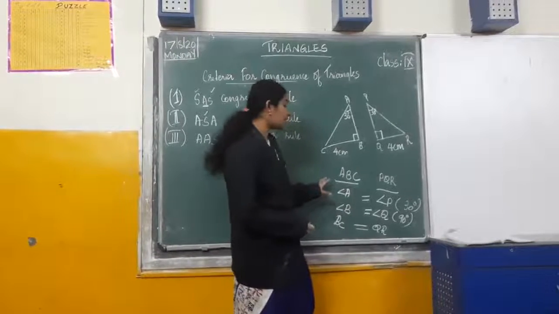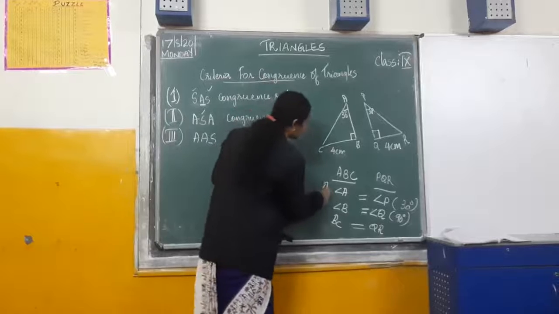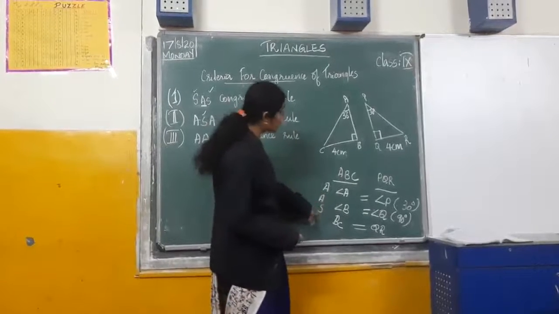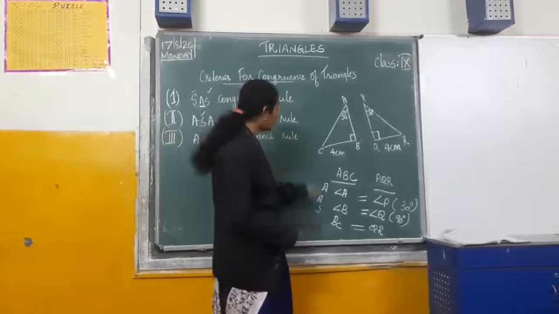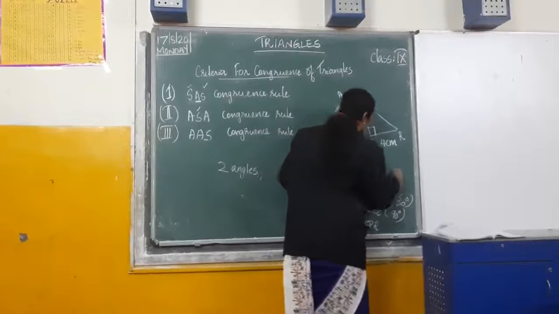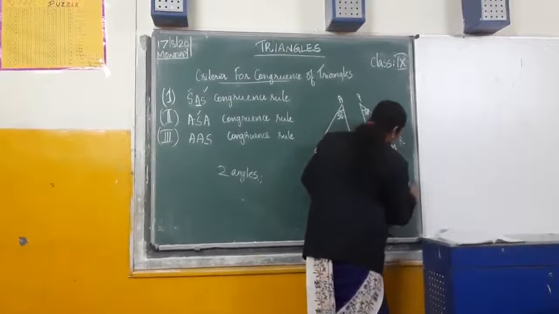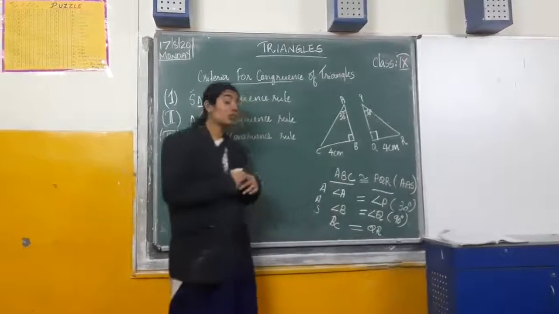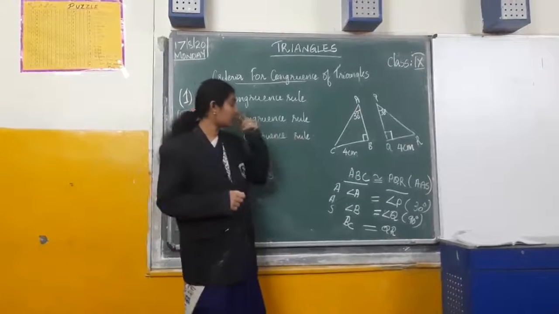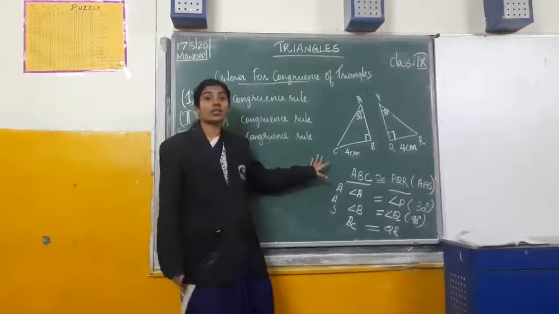So we can say by AAS congruence rule, that means the side is not included between these two angles. By AAS congruence rule, these two triangles are congruent. Hope you all can understand. Similarly, by using these rules, if some sums are there, we can do them.